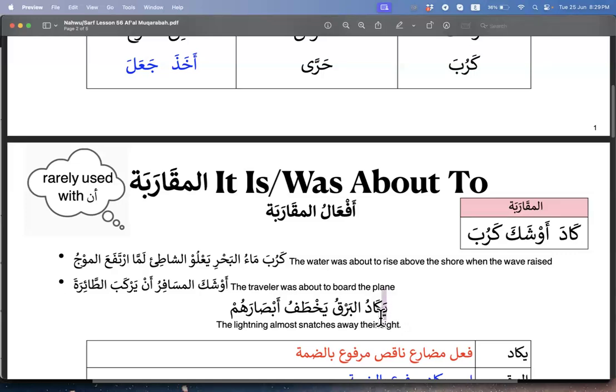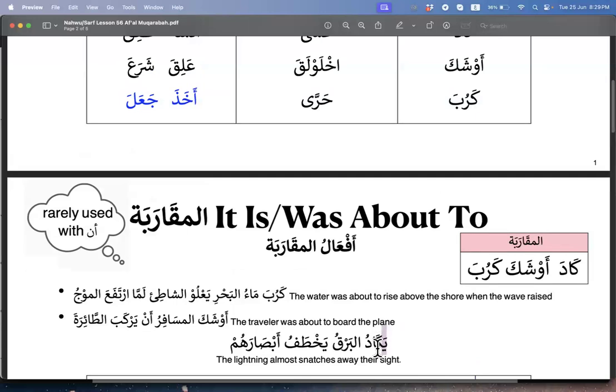Sister Vinita, let's do the whole i'rab. Yakadu is a fi'il mudari with huwa inside it. What do we say, marfu, mansub, majzum? Fi'il mudari marfu with damma.